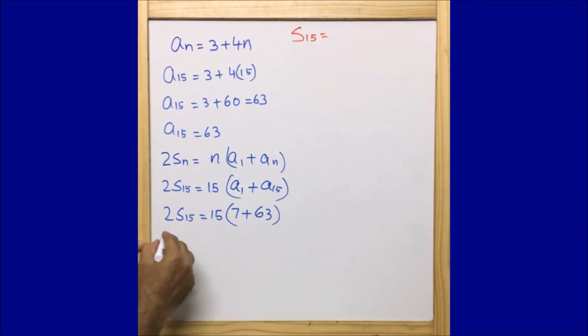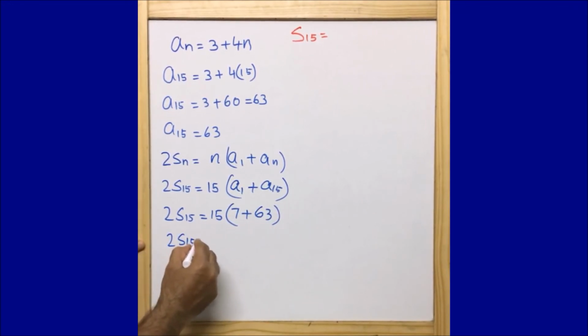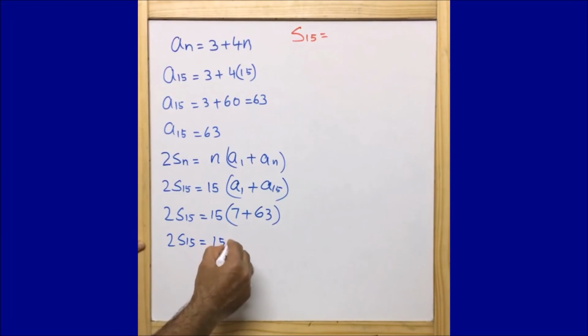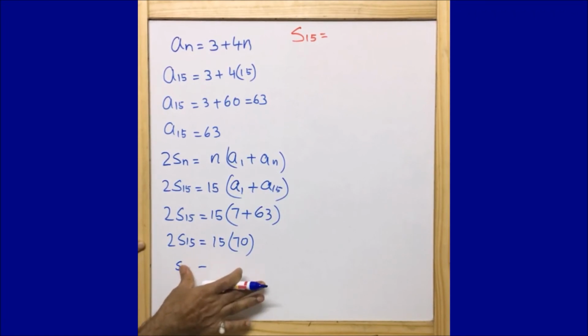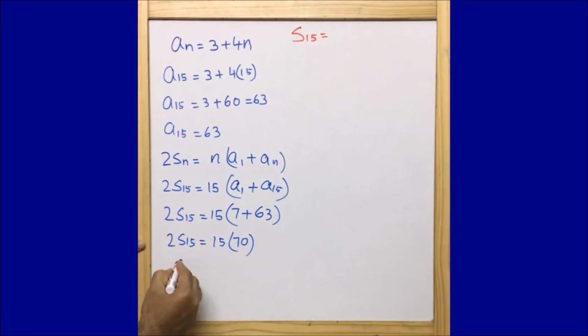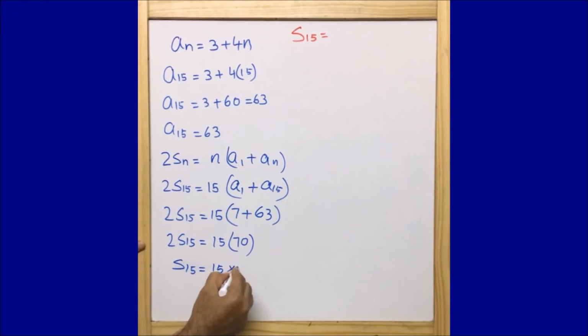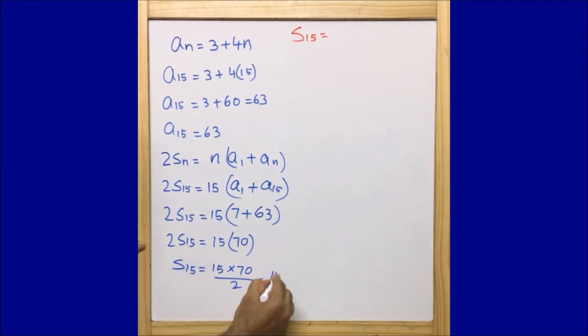Or I can write 2S15 is equal to 15 into 70. Or I can write S15 is equal to 15 into 70 by 2, so that is equal to 15 into 35.